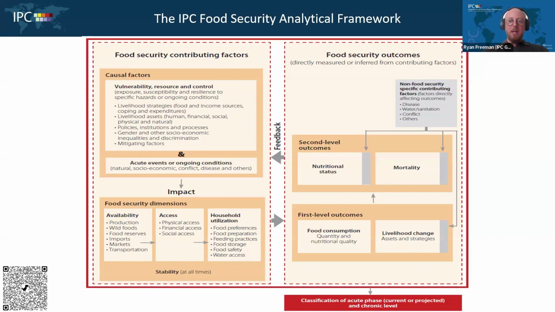I don't have the means to purchase food, but I may get it through my community. I may get it through my neighbors. I may get it through other social safety nets. There may be food programs. There may be other social safety nets that provide me access, not financially or physically, but through my social status or standing as a registered citizen or as a recipient of a particular program.